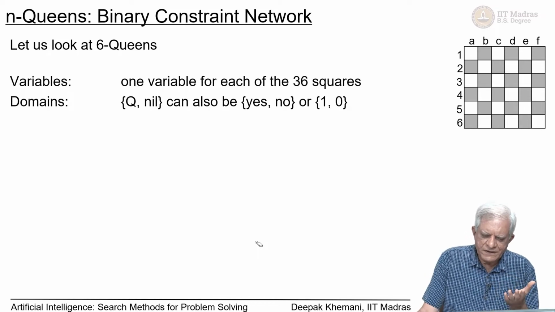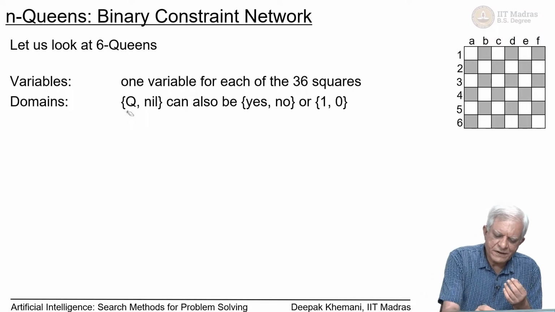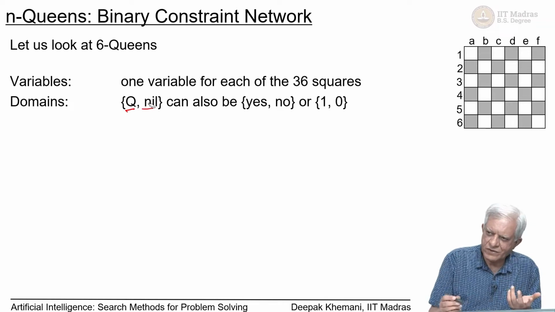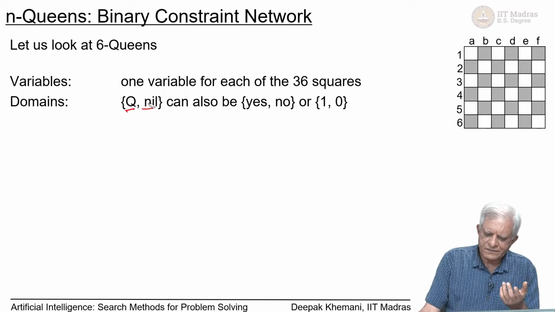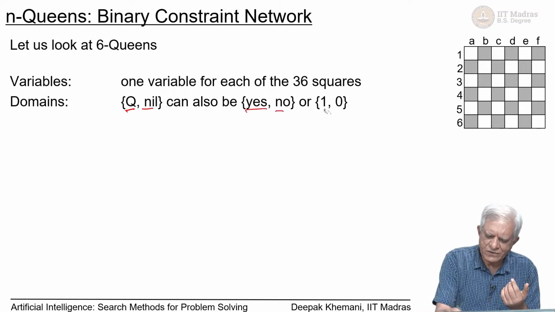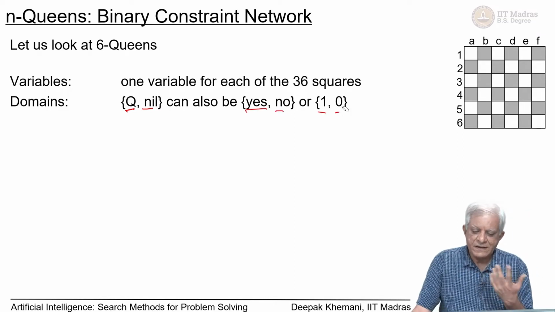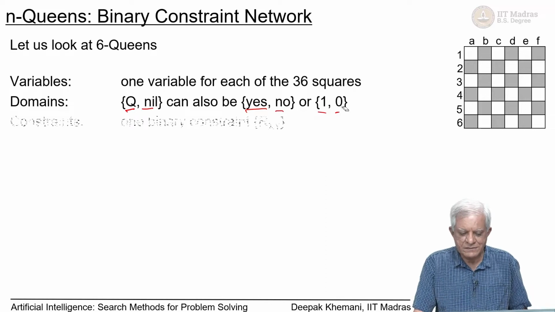One way would be that each of those 36 squares that you see on a 6 by 6 chessboard could be a variable, and all of them will have this domain that either there is a queen on that square or there is no queen on that square essentially, which we could also write as yes or no or 1 and 0 essentially. That is one way of trying to solve the problem.